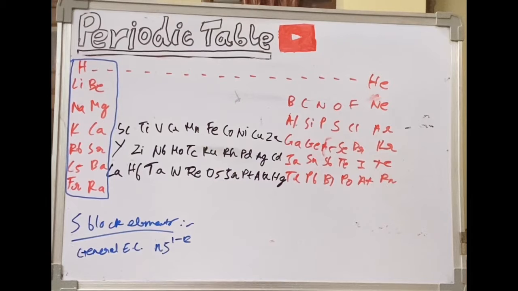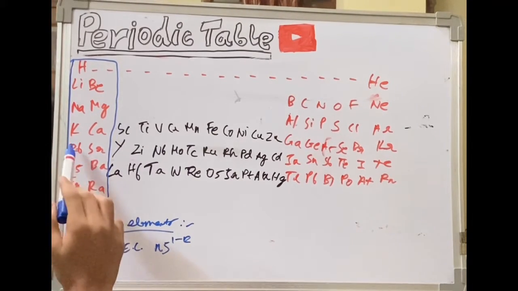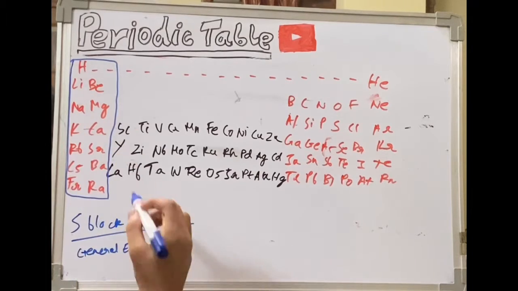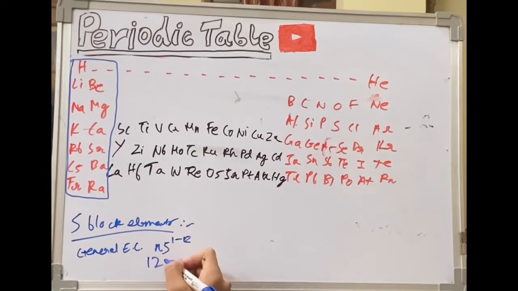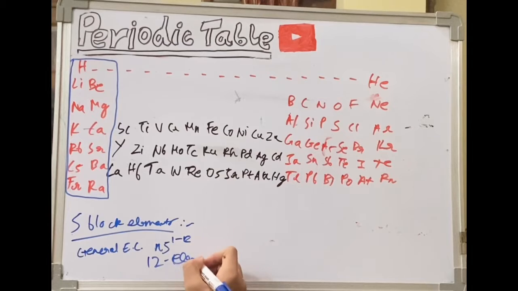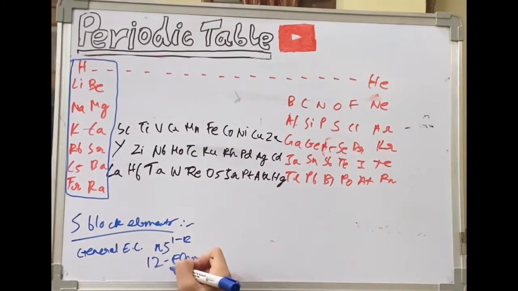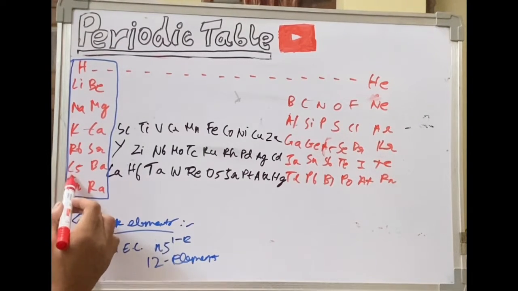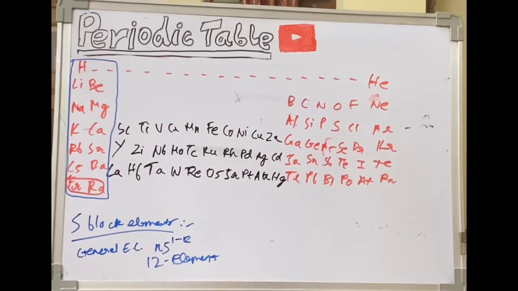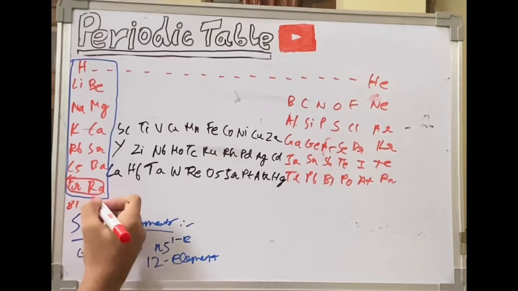Now we'll look at the number of S block elements. So as you can see, there are 12 elements, if we don't count hydrogen, over here. There are 12 elements who belong to S block. Okay, just note this down. In all these elements, francium and radium are radioactive, 87 and 88.